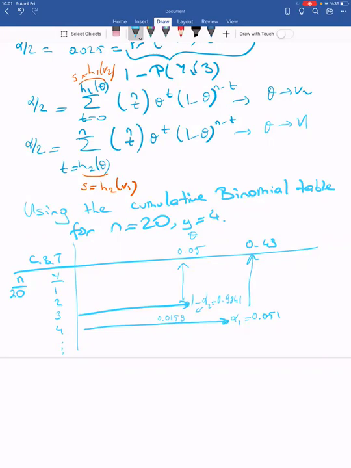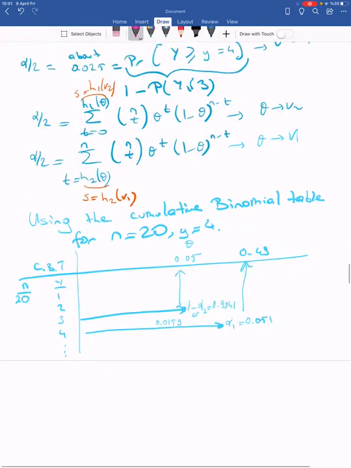Okay, so let me write them. This is the closest value that we get for 0.025, and this is the closest value that we get. Not that close, but from the table, these are the only possible values for the y equals 4 and y equals 3 cases. These values will give us an interval for theta.